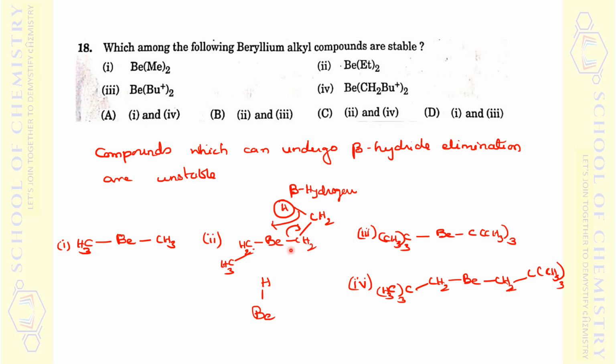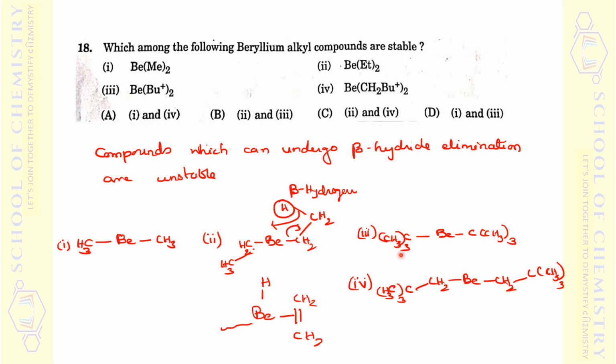The electrons which are available will form a double bond here, and this side will be CH2. The other way also, a similar thing is possible; just one way we have shown. This is called beta hydride elimination. Whenever beta hydrogens are present, that will be possible.